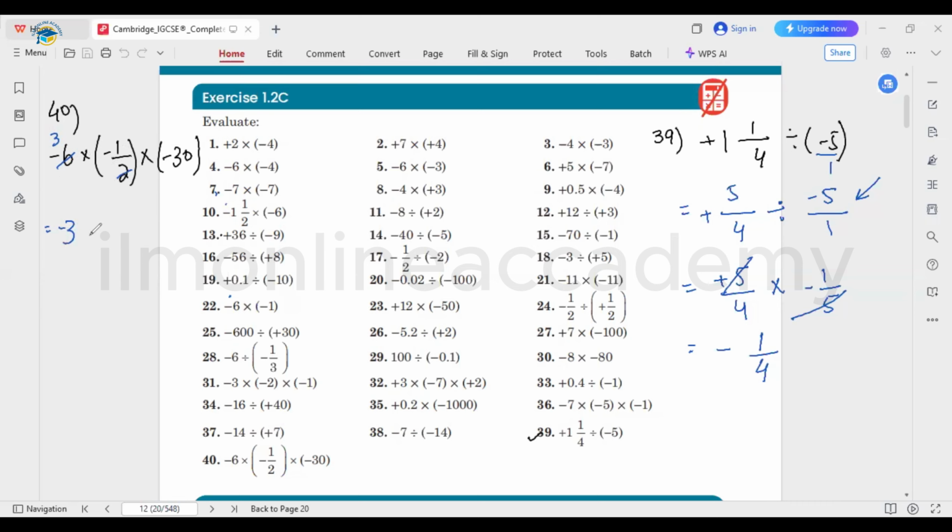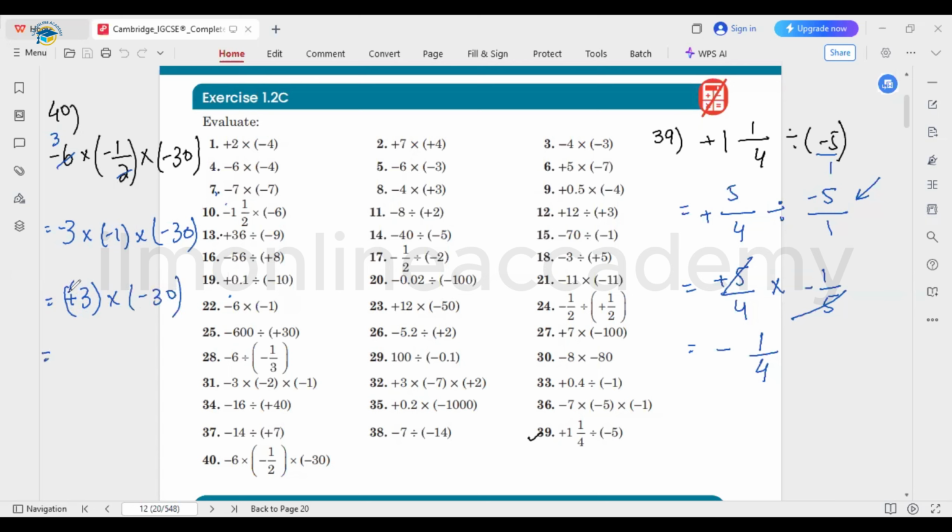We have -3, -1, -30. As we have the negative multiplication signs as well, we need to use those signs. Negative negative would be positive, 3 times 1 would be 3, positive 3, and this needs to be multiplied by -30.